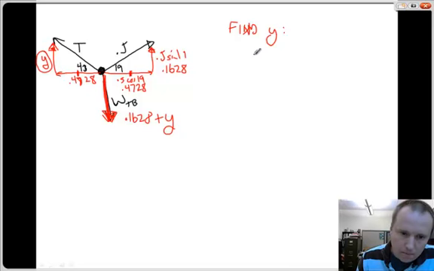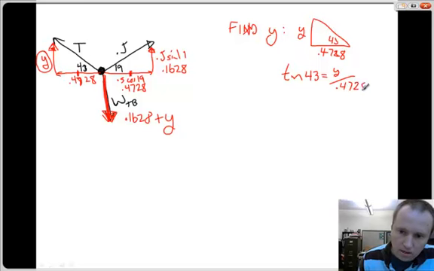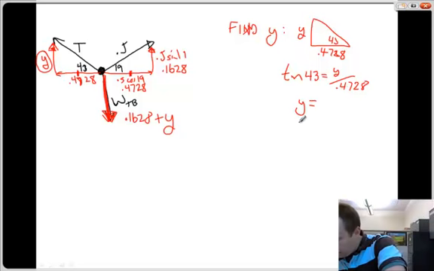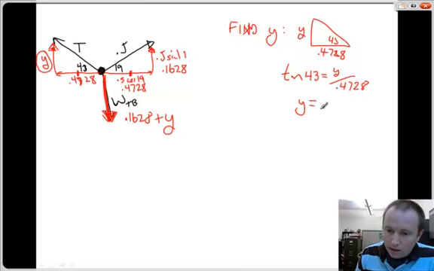Well, y is my opposite side, so I have a triangle here of 43 degrees, 0.4728, and this is my y, and I'm going to say tangent of 43 equals y divided by 0.4728. Solve for y.